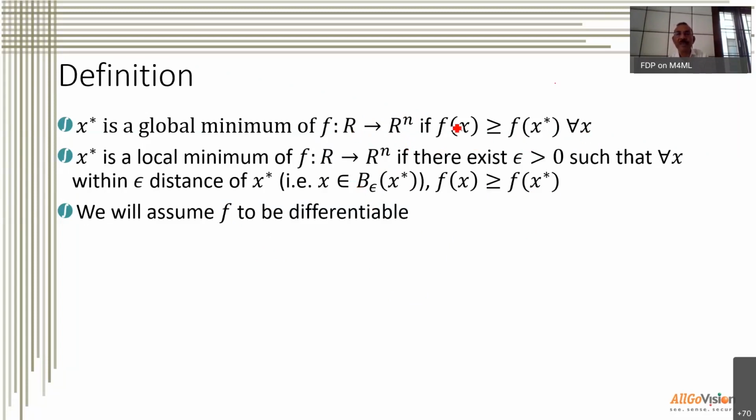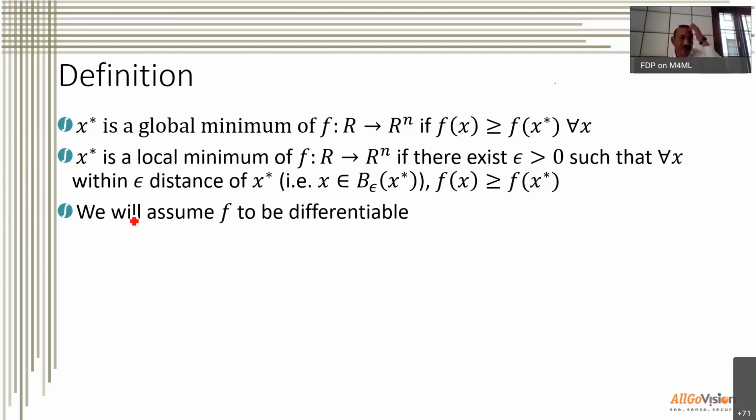What does it mean? If I take any x and evaluate f of x, then the value of f of x star happens to be still not greater than that value. So that means f of x star is the absolute minimum value I can achieve, and such an x star is called a global minimum.